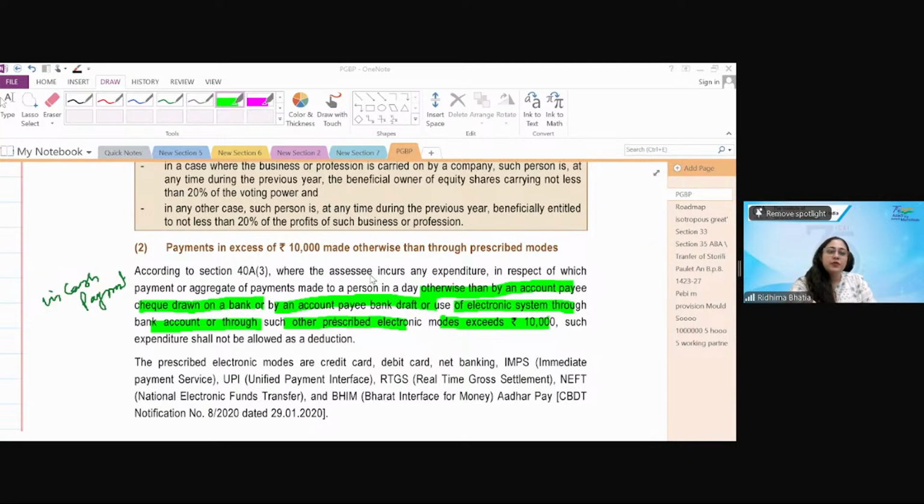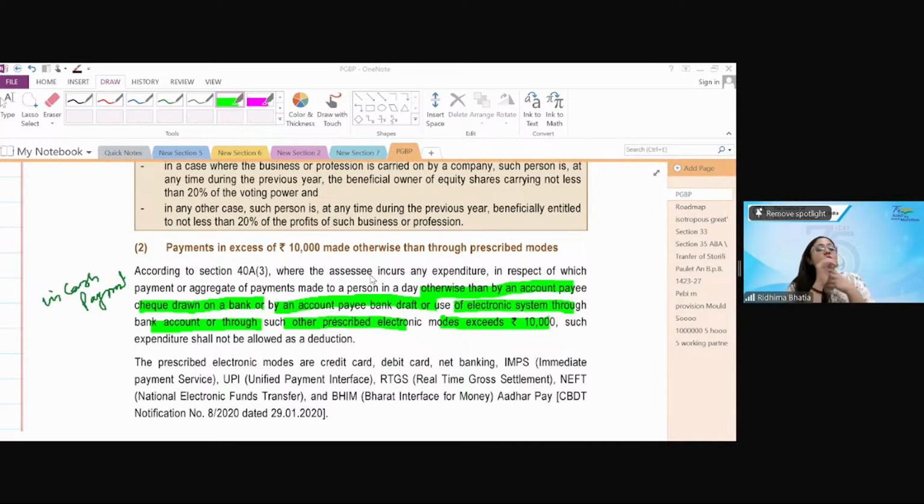Advance payment will come up. Whether advance payment will come for disallowance? Think, guys, this is my question to all of you.